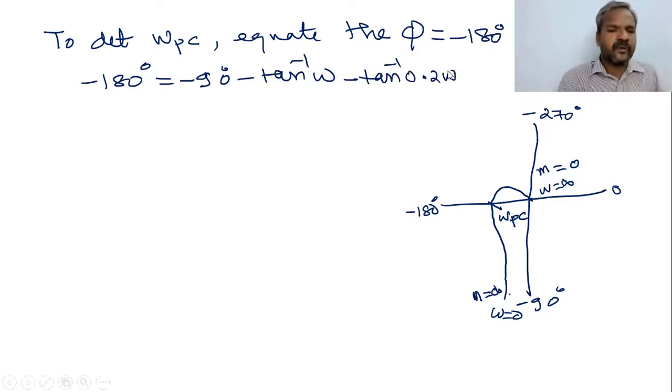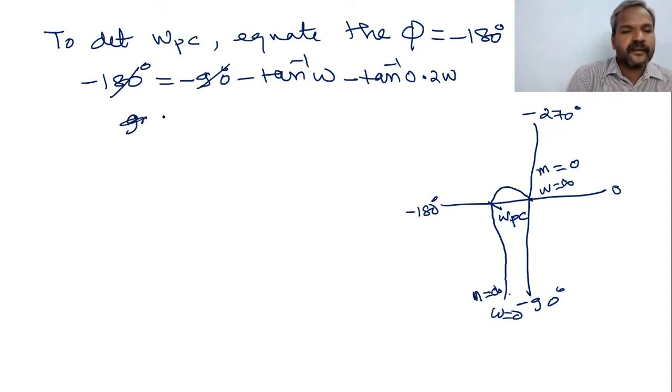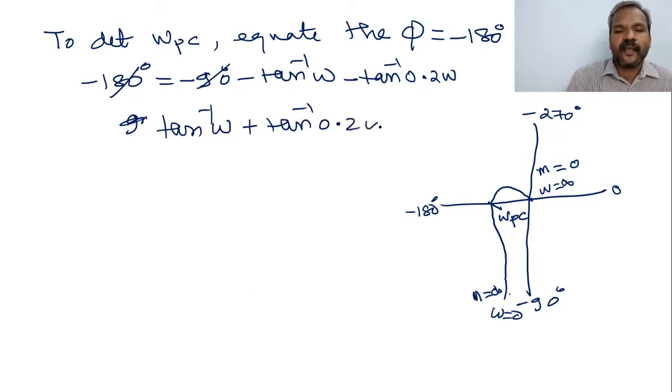Bringing this across and cancelling, we get tan inverse of omega plus tan inverse of 0.2 omega equal to 90 degrees.